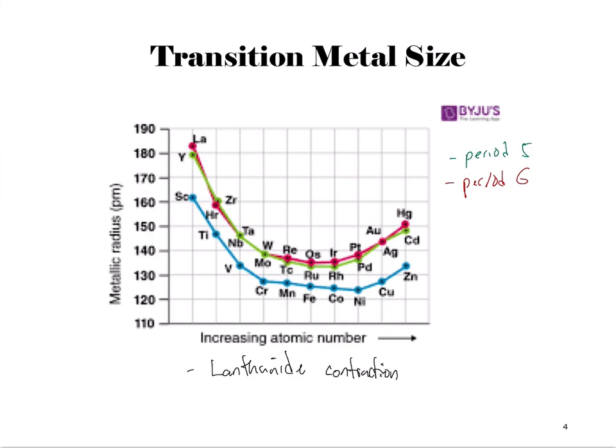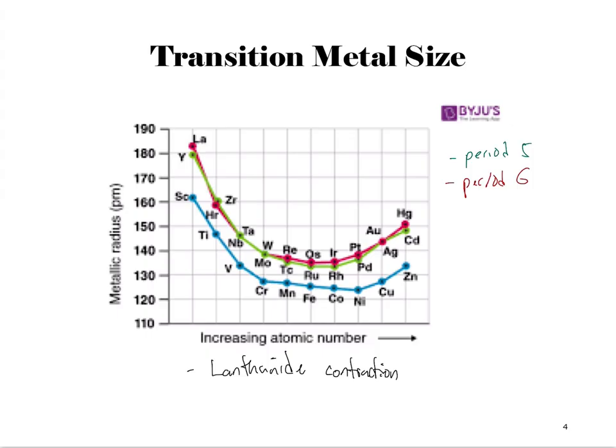It's the same trend as you go across the periodic table, right? You go across the columns, across the groups, or as you go from left to right. The atoms contract because for a given energy level, you're adding more protons, so the atoms contract. But when you go from period 5 to period 6, now you have to fill in all the F sublevels, which causes all the atoms to be contracted there, right?